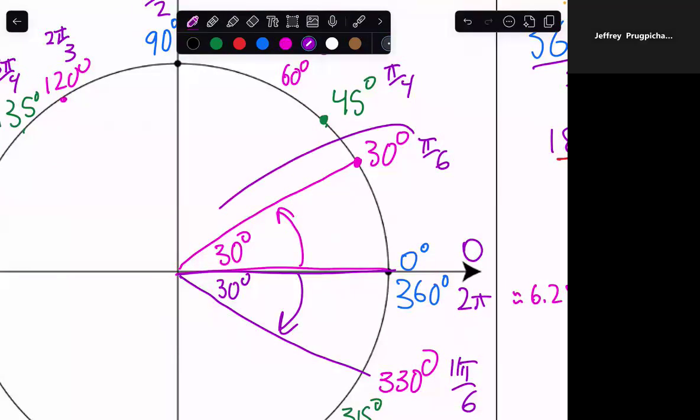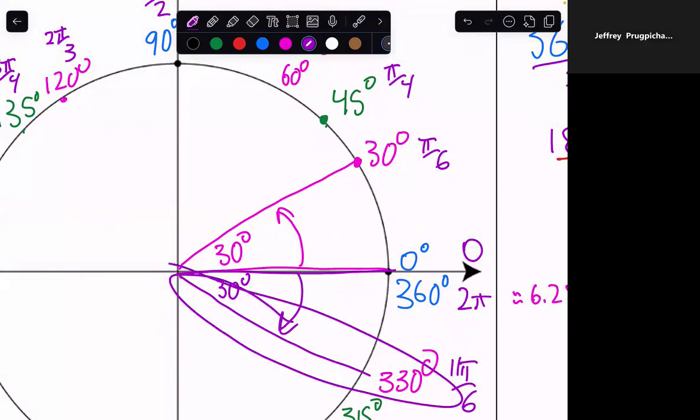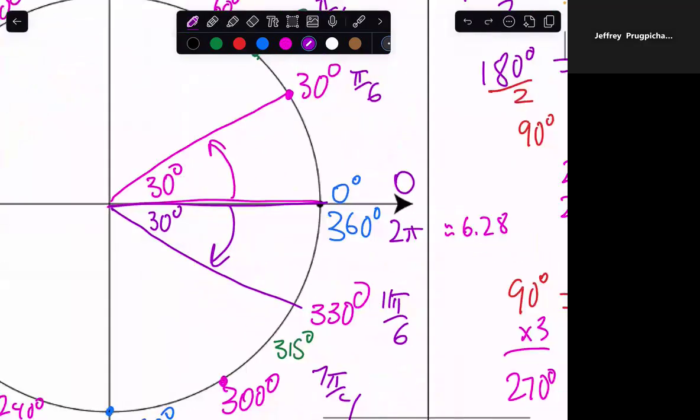So this angle represents positive 30 degrees because we went in the usual direction, but this angle represents negative 30 degrees. This point right here, we've called it positive 330 degrees, and we're now calling it negative 30 degrees.